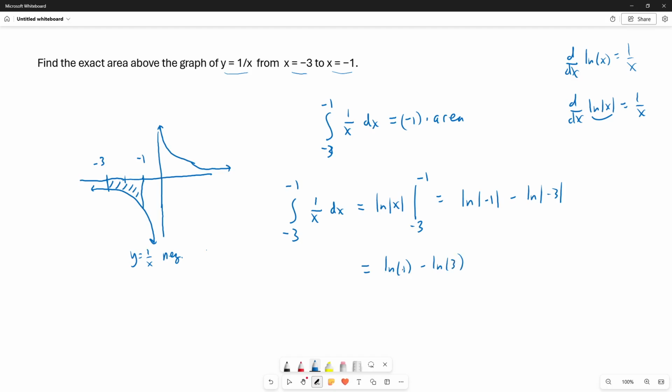The natural log of 1 is 0, so this is just negative natural log of 3. So that's the value of the integral, and remember that is equal to -1 times the area. So if we multiply both sides by -1, we see that the area of our region is the natural log of 3.